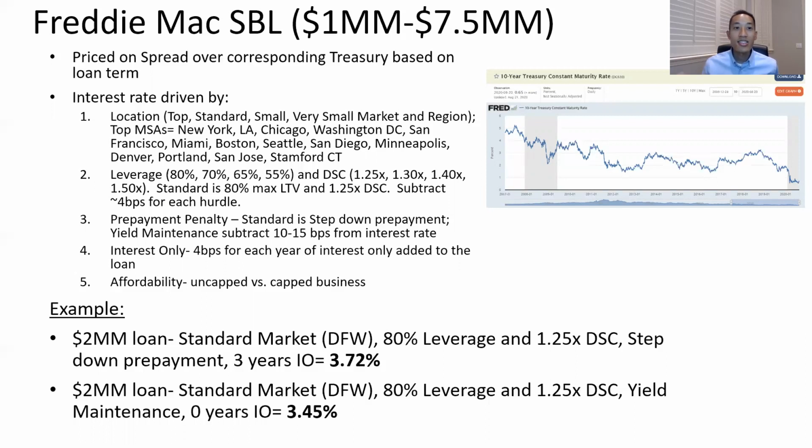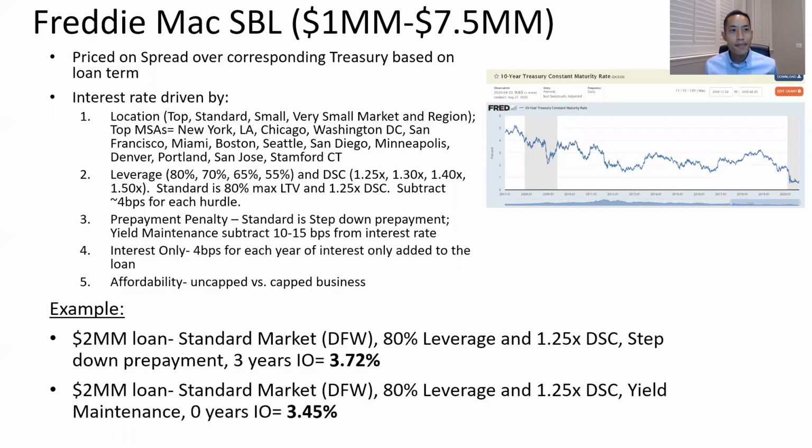The standard markets are going to be more like the surrounding metros around Dallas, surrounding metros around Chicago, so maybe not the center of the city. Your small and very small markets are based more on population. On the next slide, we'll have a breakout of the different markets.